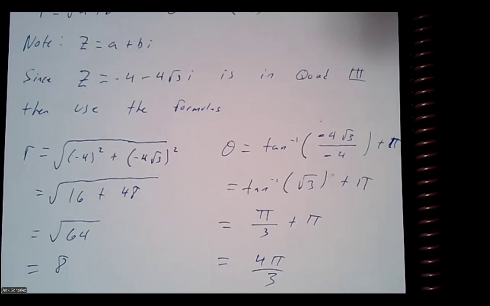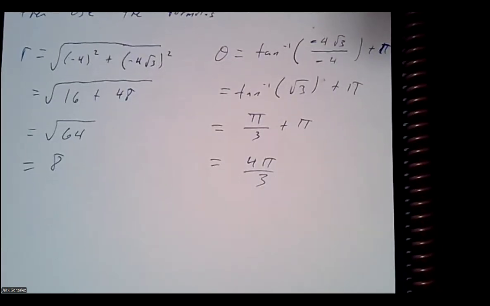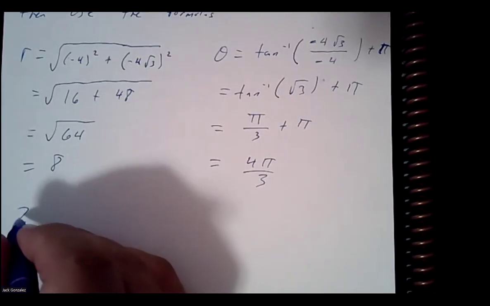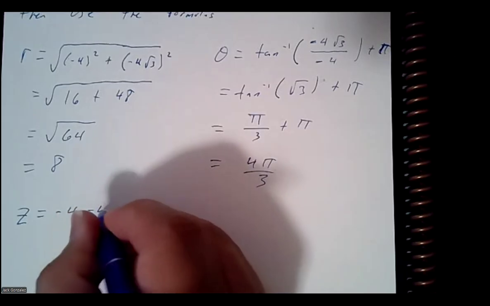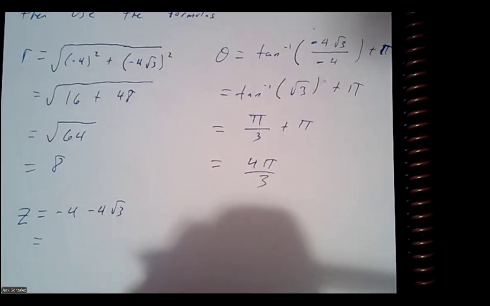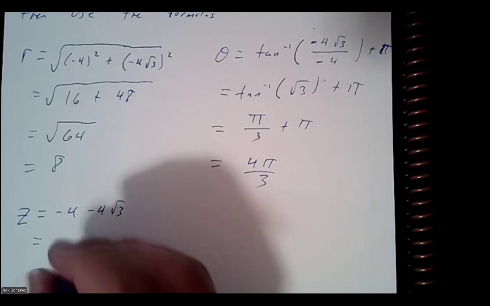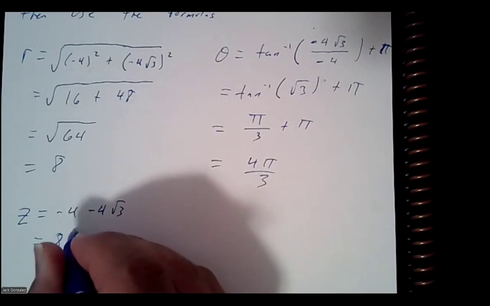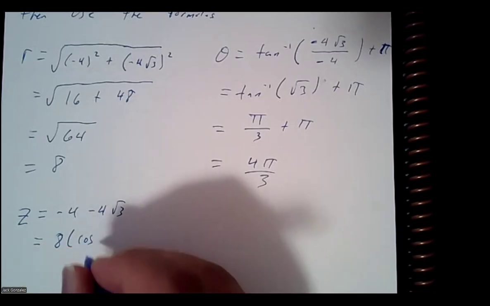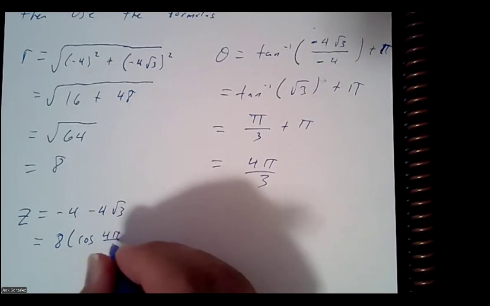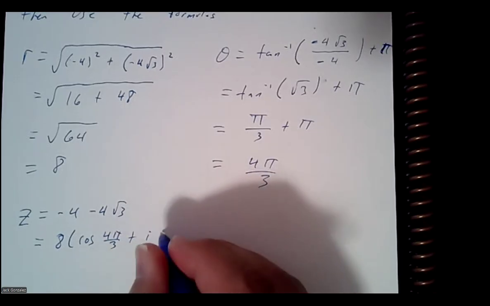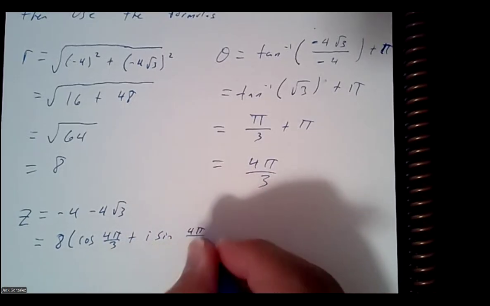So now that I have both, I can change to polar form. So z equal to -4 minus 4 root 3 is equal to 8 cosine of 4 pi thirds plus I sine 4 pi thirds.